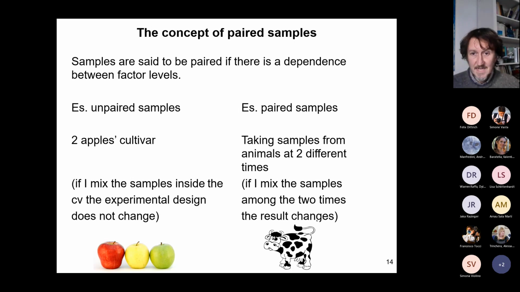The result is the same. But for example, if I measure something on a cow or on a patient before and after I gave medicine or something, and I mix this information between different cows, the results change. So paired samples is when you cannot mix the samples within the same column.